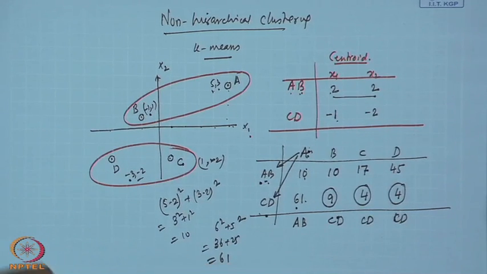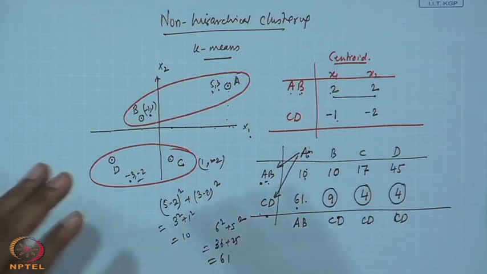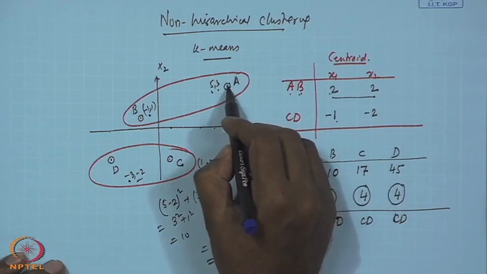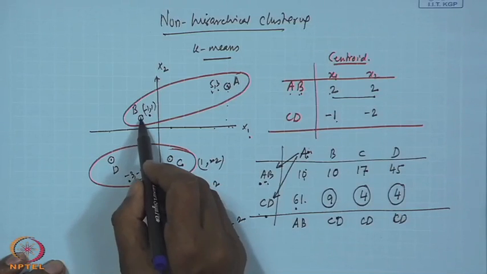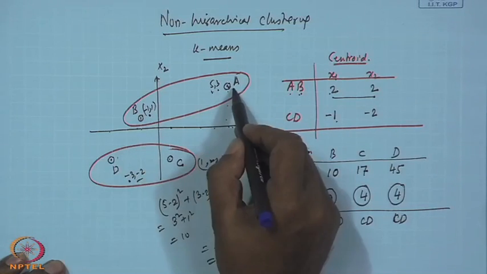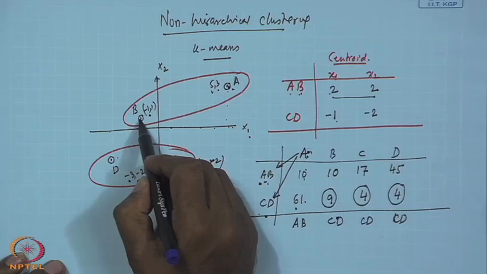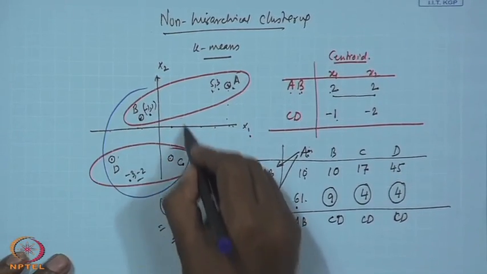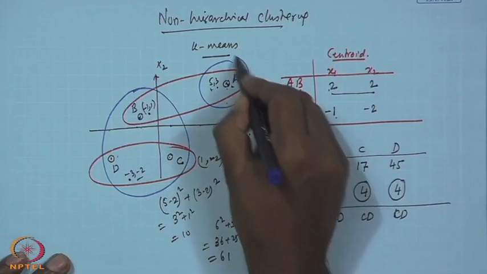It is also quite obvious, because if you see here, A is quite far away; even if I compare B and D, it is nearer than A and B. So, our new clusters are like this one and this one.